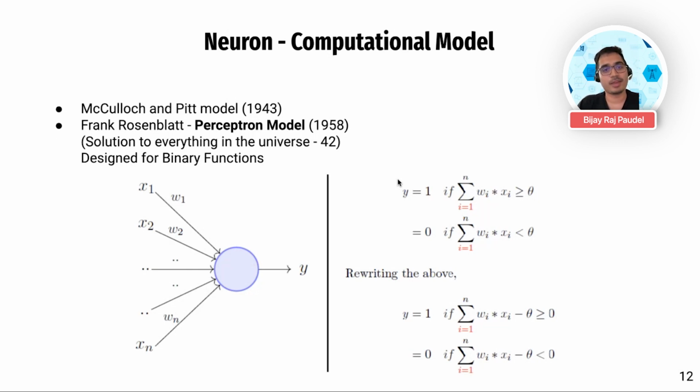Because the aim of the funding Rosenblatt received from the US Navy was to mimic digital circuits, to produce digital circuits that could mimic any digital circuit. So just 1 and 0. This is the model that we have and that we will work with in this presentation.